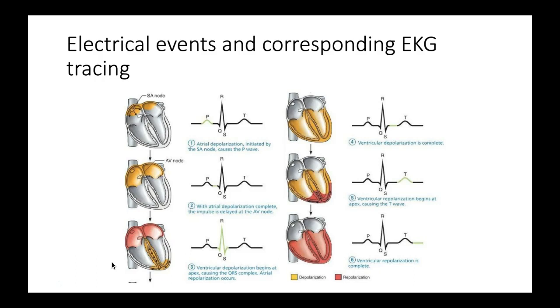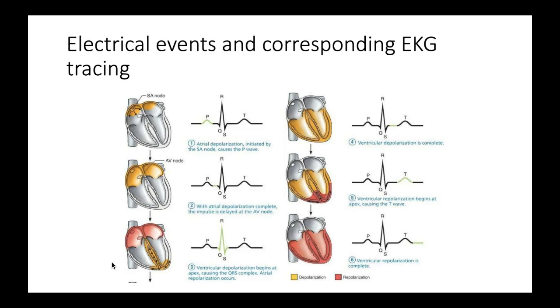Once that impulse reaches the AV node, which is the second picture on the left, you see, like I told you, there's a brief delay at the AV node, and we get that isoelectric line that you see in green. As it continues to travel down, the atrium are repolarizing, and the depolarization begins in the septum and then works its way up into the right and left ventricle.